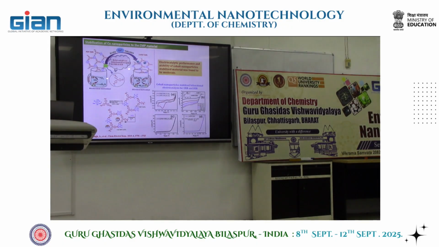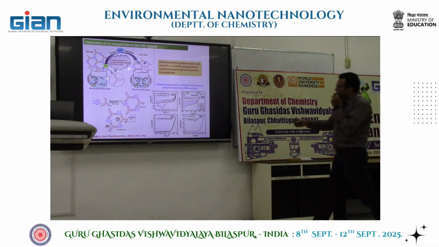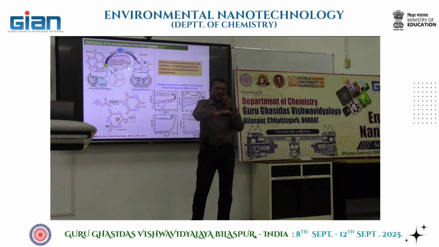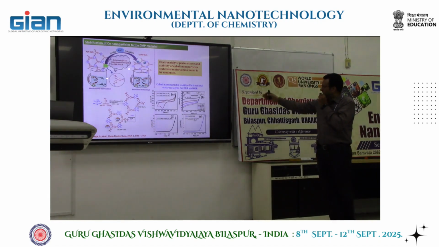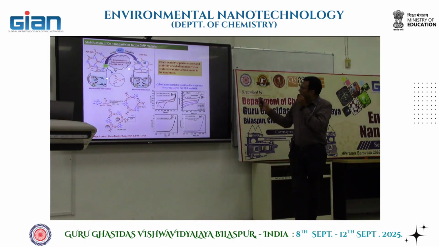ORR driven through the triphenylamine and OER driven through the cobalt nanoparticles. And this is the data. So basically cobalt nanoparticles are stabilized on the surface of triphenylamine. Okay, and you see the ORR and OER both are giving reasonably good results.